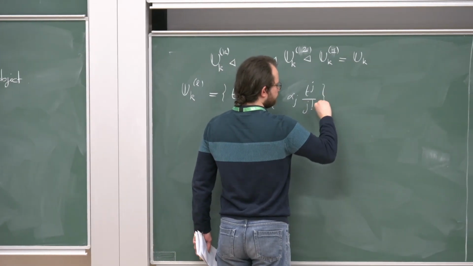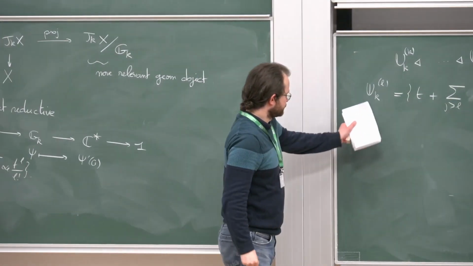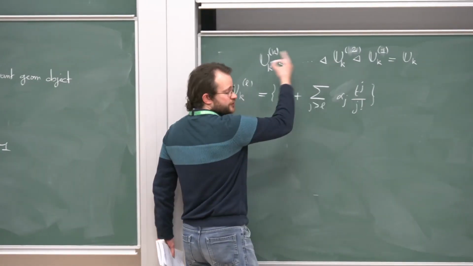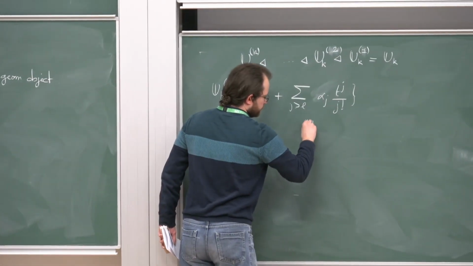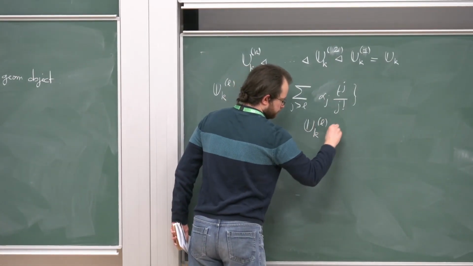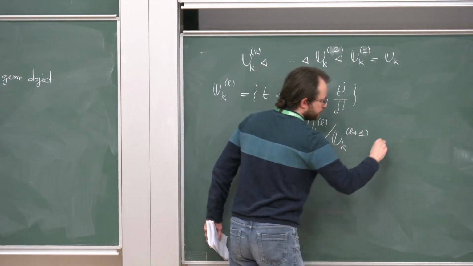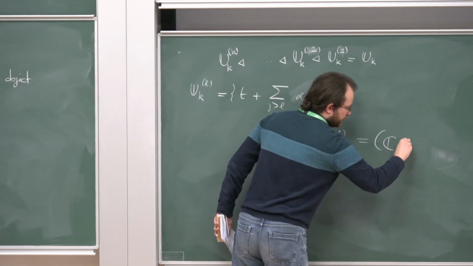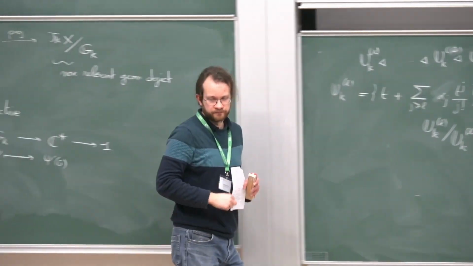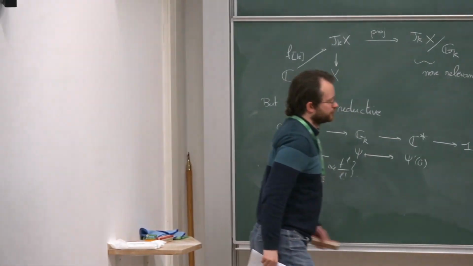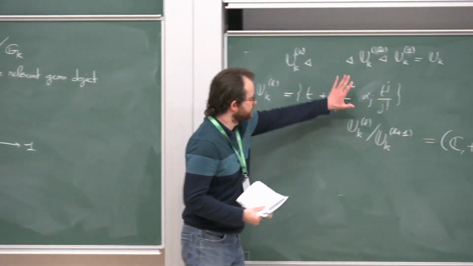And you can convince yourself that if you take the successive quotients, you get abelian groups, which are actually C with the additive law, generated by this element set.